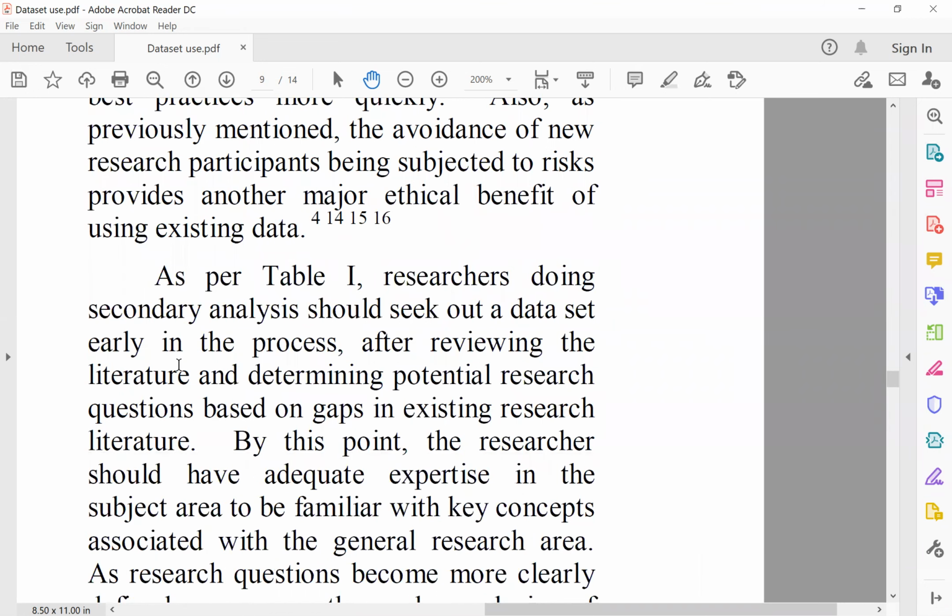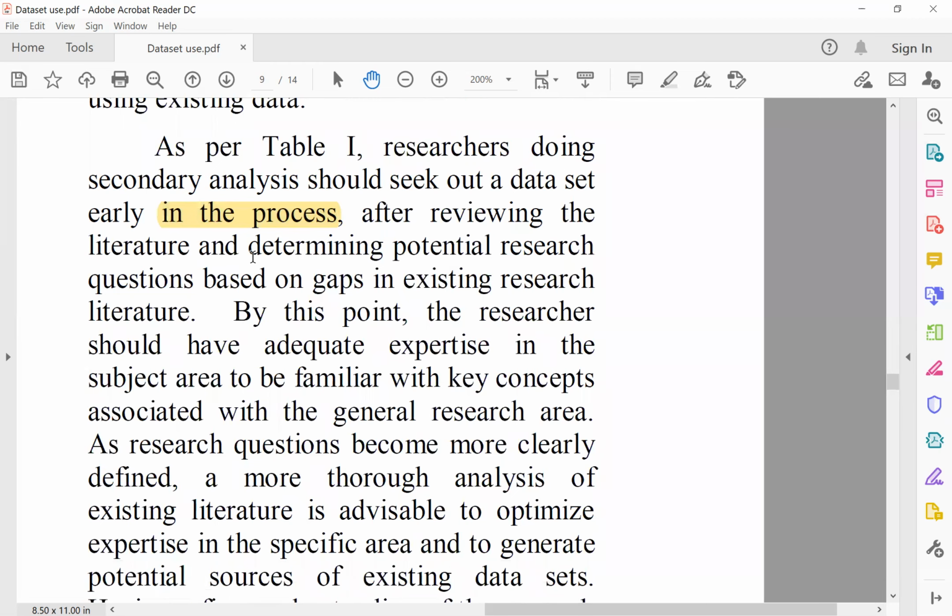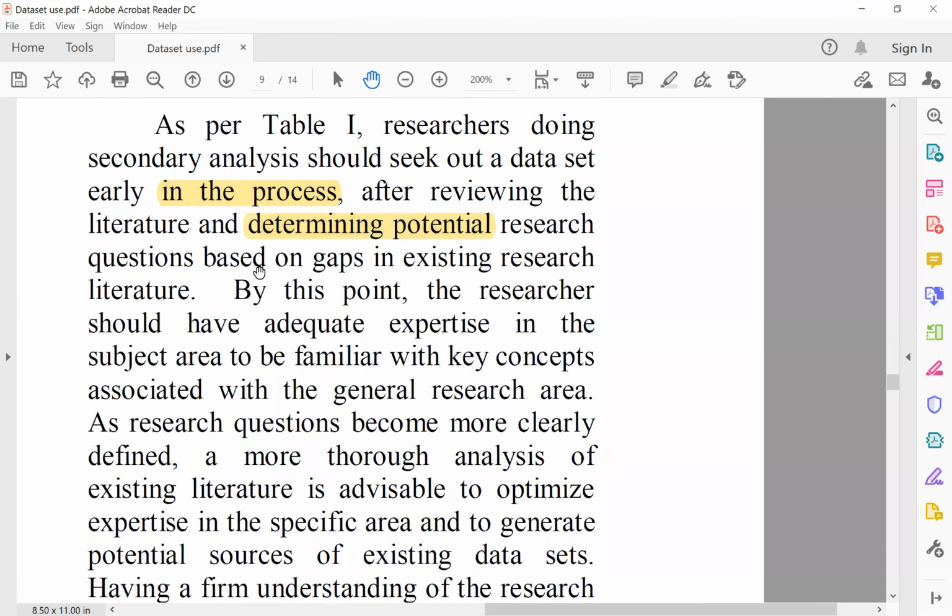Also, as previously mentioned, the avoidance of new research participants being subject to risks provides another major ethical benefit of using existing data. As per Table 1, researchers doing secondary analysis should seek out a dataset early in the process, after reviewing the literature and determining potential research questions based on gaps in existing research literature.